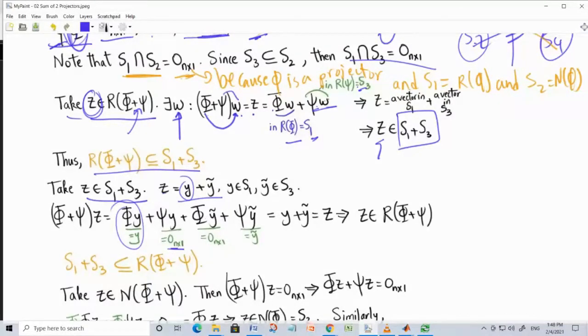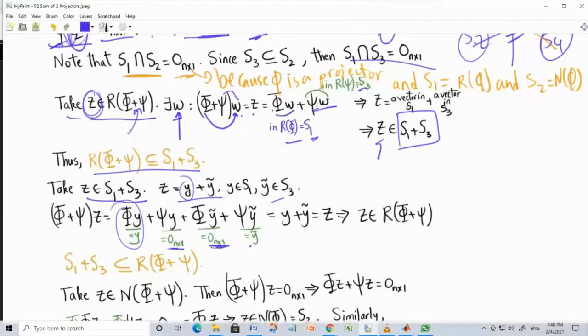What about phi y tilde and epsilon y tilde? Y tilde is in S3, which is the range of epsilon, so epsilon y tilde is y tilde. And as we have shown above, phi multiplied by a vector in S3 is equal to 0, because if phi plus epsilon is a projector, it must be the case that the range of epsilon is a subset of the null space of phi.